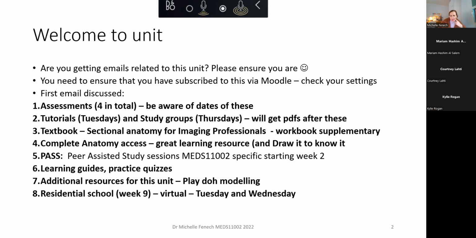When I signed up, it asked which one to pick, and I picked radiology because I thought that would be the closest. I don't think it necessarily changes what sort of content you get. I'm pretty sure it's more just for them to collect data on who their audience is. I don't think it should affect what you're seeing, because everyone should have the same access to what the university, we buy a license so that you can use it. And it really does help. We'll open it up and have a play and see if yours looks the same as mine, which it should, but we'll do that today.